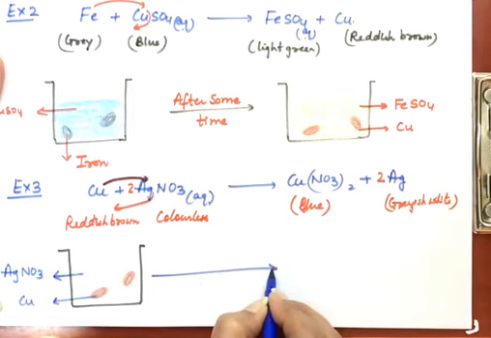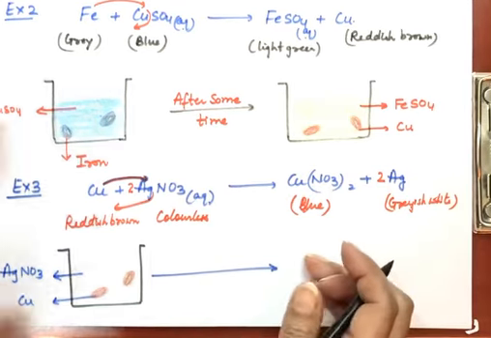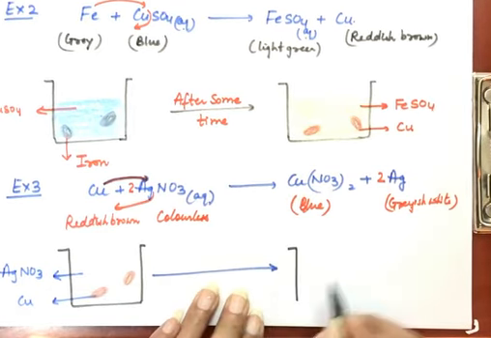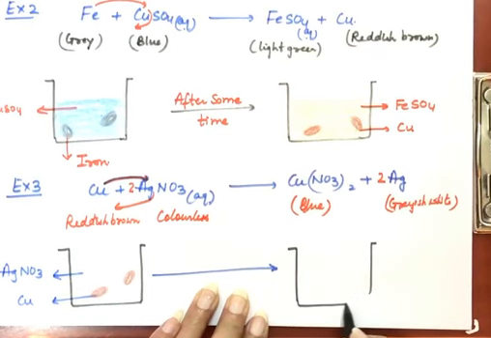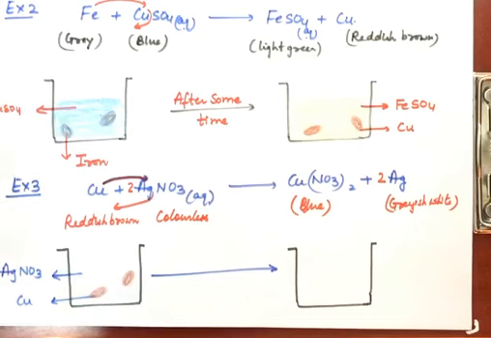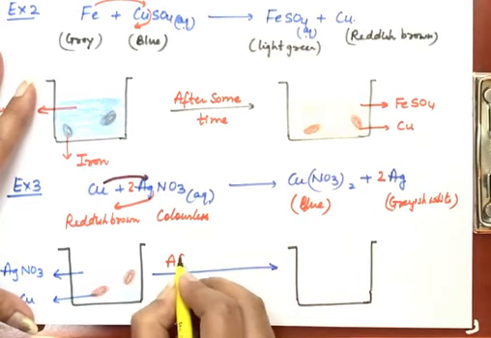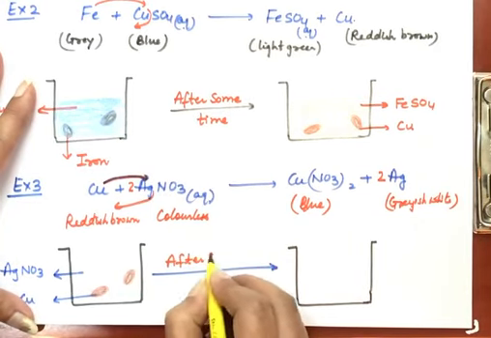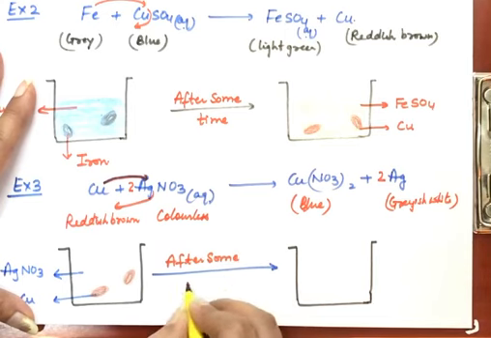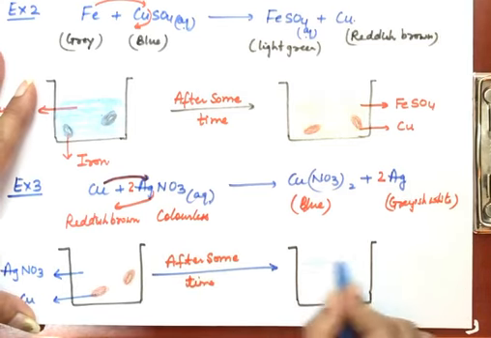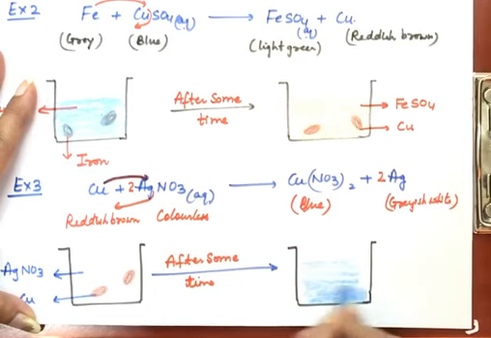And after some time, what will happen here? We will see that the solution from colorless will start changing to blue color. So this colorless solution will become blue now.